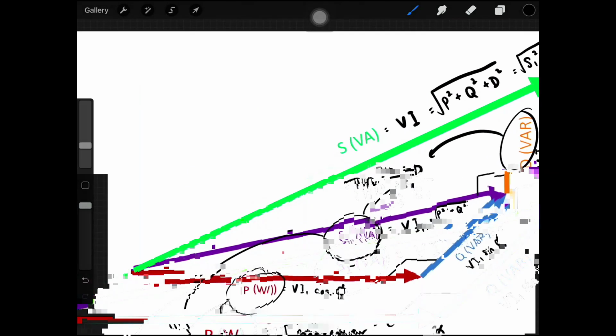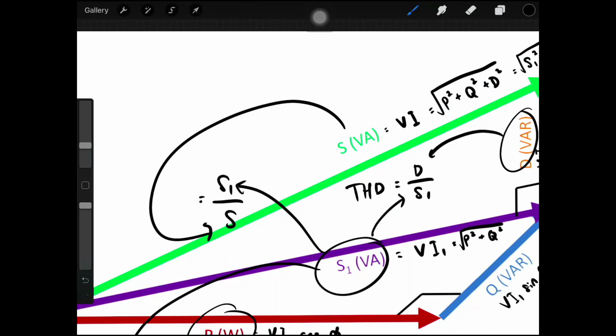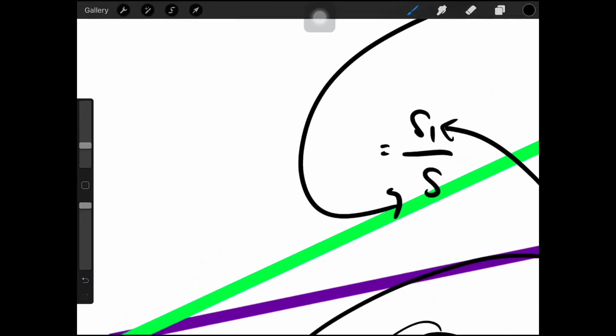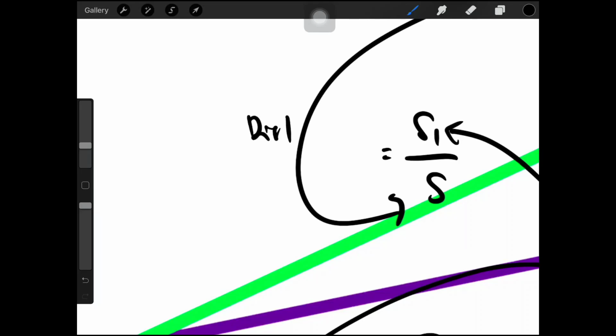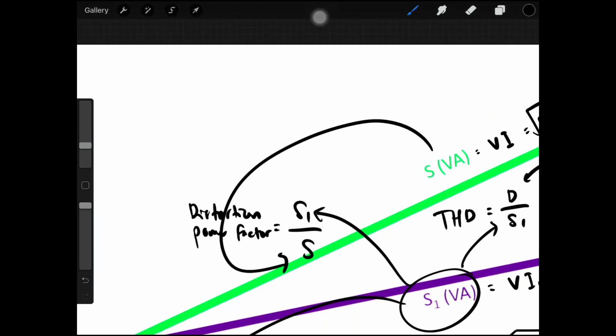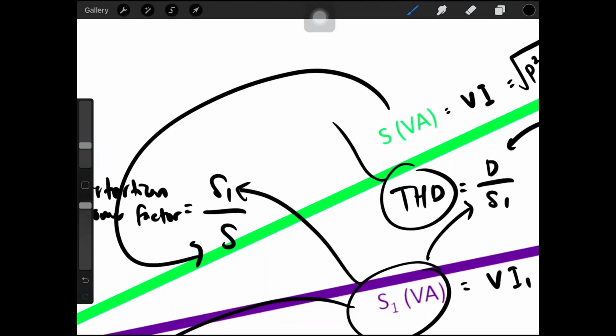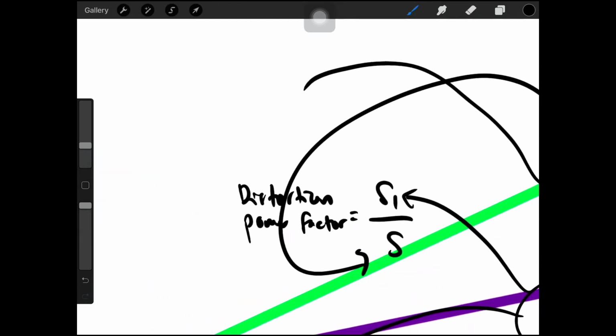We got S1 over S as our distortion power factor, or you can get the distortion power factor from THD.